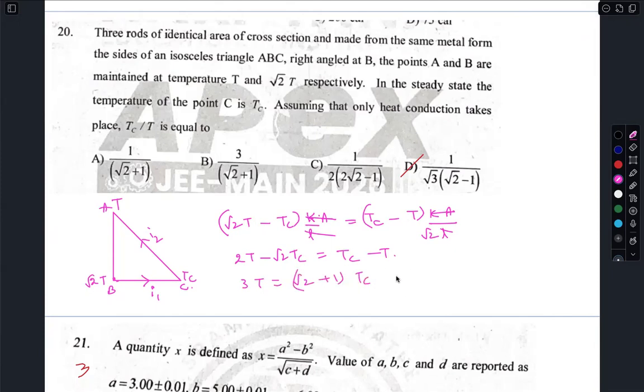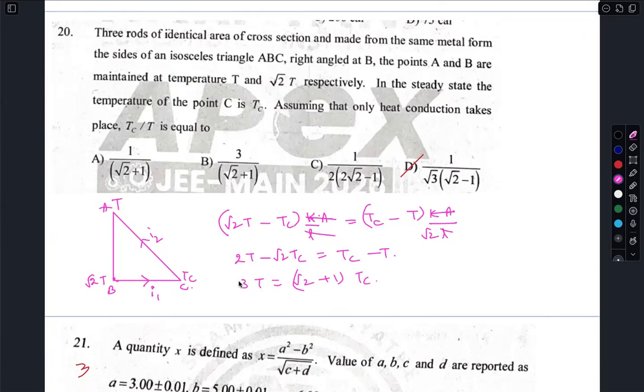Any mistake? Root 2 T minus TC into K into A by L is equal to TC minus T KA by this length, which is root 2 L, correct? 2T minus root 2 TC is equal to TC minus T. Same.